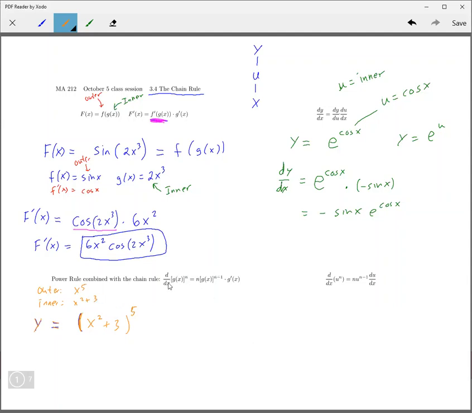Applying the power rule and the chain rule, this 5 is going to come down. The derivative of x to the 5th is 5 times x to the 4th, and all of this stays the same. Now you multiply by the derivative of the inner function, which is 2x, since the derivative of x squared plus 3 is 2x.